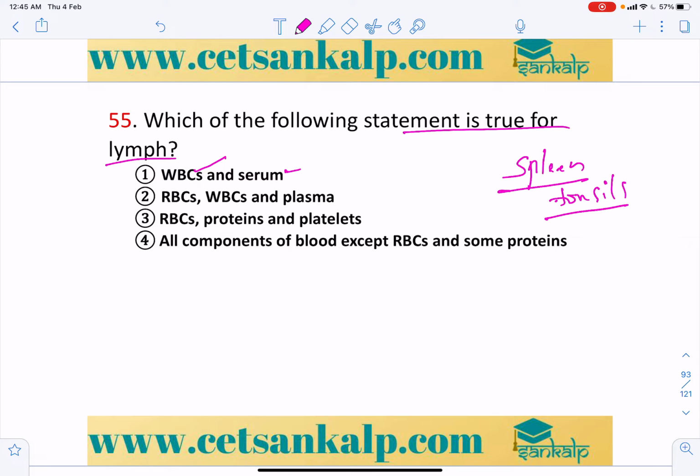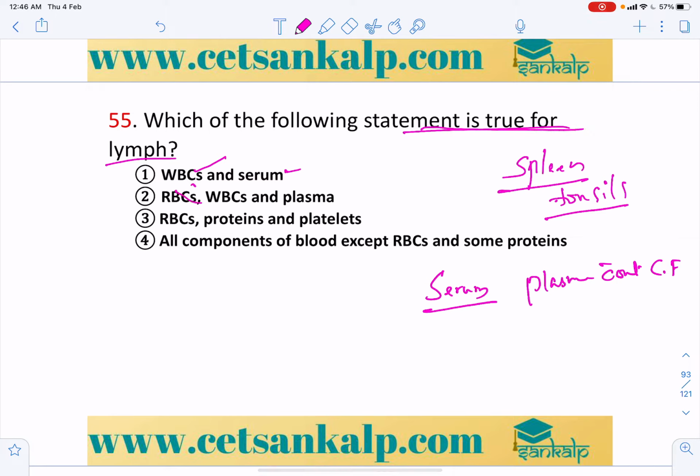We know that serum is plasma without clotting factor, but a little amount of clotting factor will be there in lymph, so we can't say it is completely absent. Only WBCs and serum won't be there.